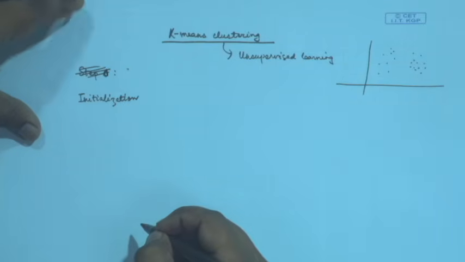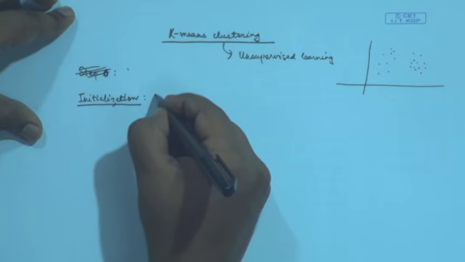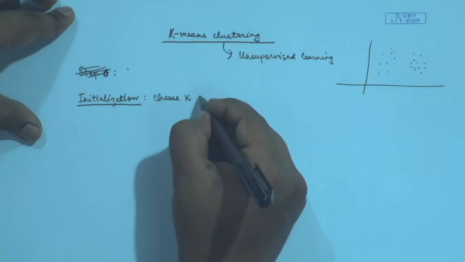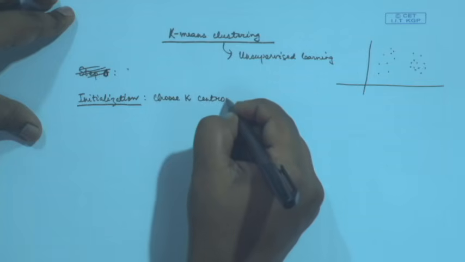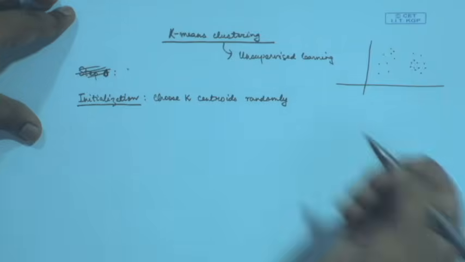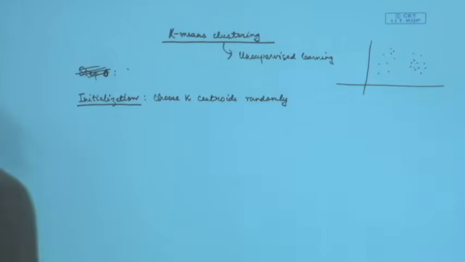What happens during initialization is you choose K centroids randomly. The centroid of a cluster is the central point of the cluster. If you take the points which belong to the cluster and you find the centroid of those points, then that's what we mean by the centroid of the cluster.